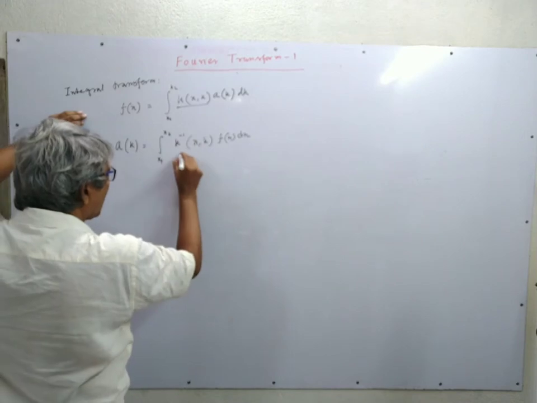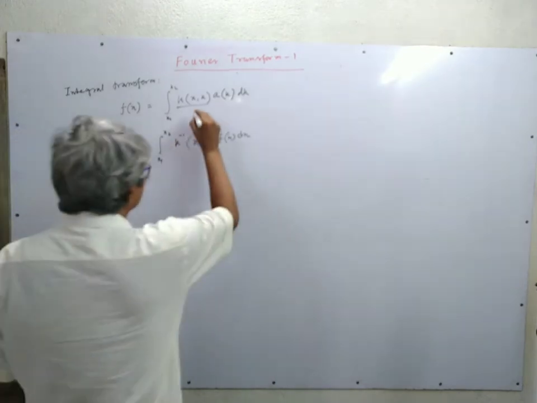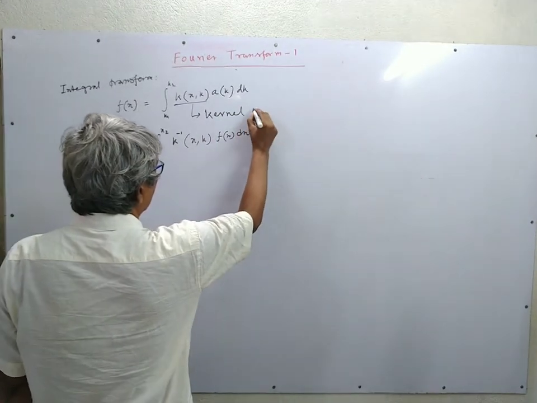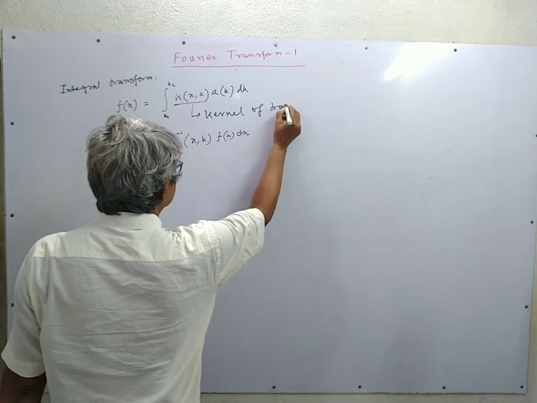This quantity is called the kernel of transformation.